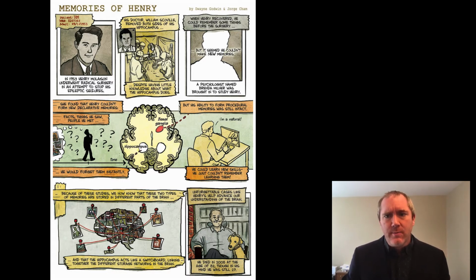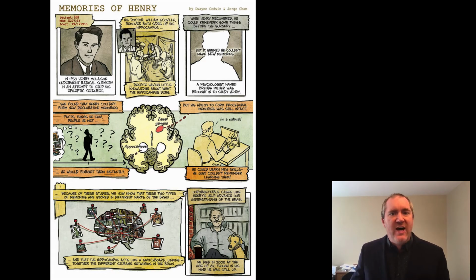His doctor, William Scoville, removed both sides of his hippocampus despite having little knowledge about what the hippocampus does. When Henry recovered, he could remember some things before the surgery, but it seemed he could not make new memories. A psychologist named Brenda Milner was brought in to study Henry. She found that Henry couldn't form new declarative memories.